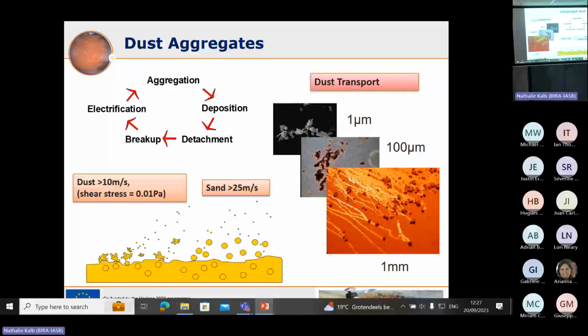The wind speeds were really too low, so it was a problem. But now it's way less of a problem. If you calculate the wind shear on the surface of Mars during even a local dust storm or sandstorm, it is enough to transport sand. We're so close, at any rate, it's within uncertainties.